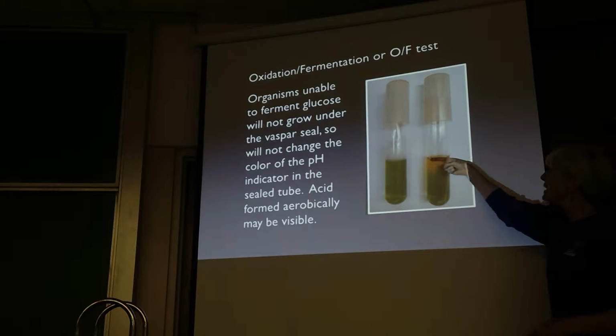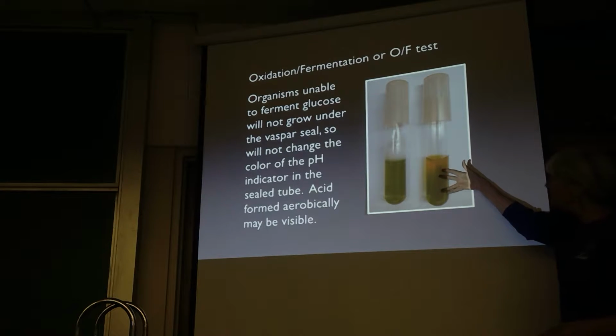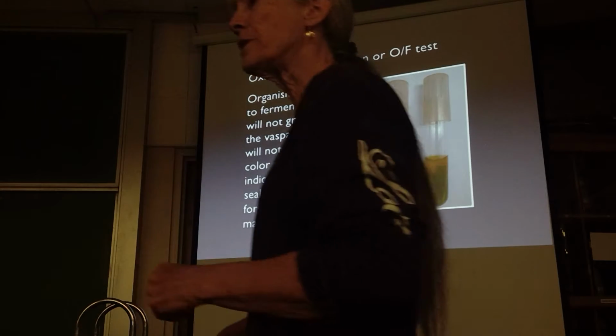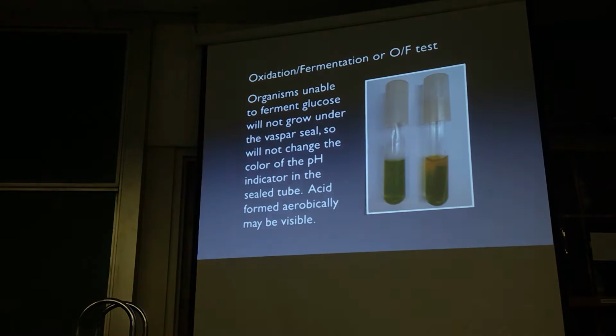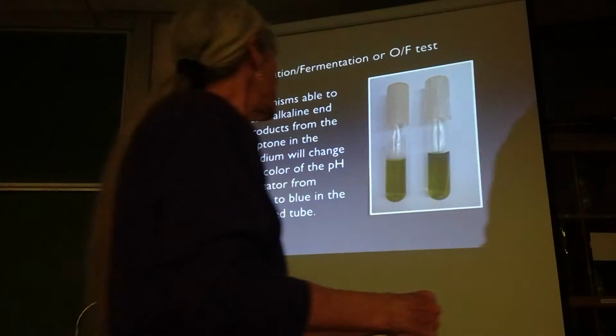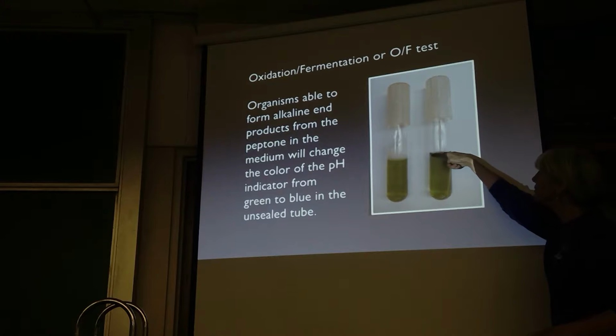If these tubes are left to sit for a long period of time, that yellow will tend to diffuse down into the medium. But we had several people that had respiratory organisms that had a yellow top on the open tube. And then this one, we had one example that showed this. Instead of a yellow top, we have a blue top on the open tube.